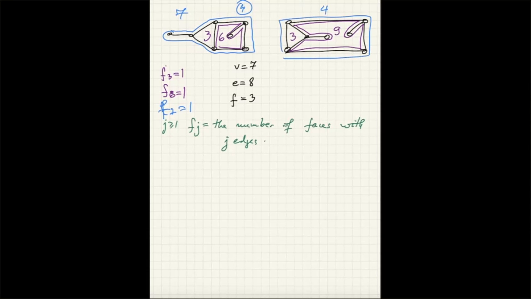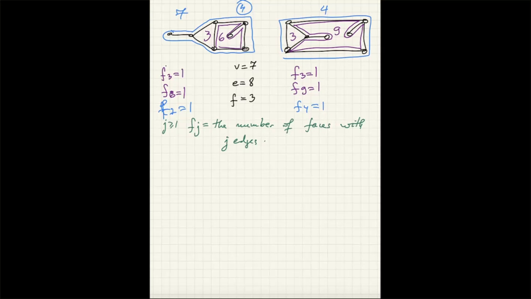So in this situation, we have f3 equals 1, f9 equals 1, and f4 equals 1. So the number of faces of each length are different, but the total number of faces is the same for both. And it actually, once you have the number of vertices and the number of edges, the number of faces is determined. We'll prove that in a second.